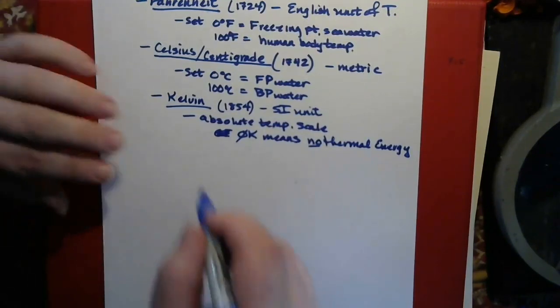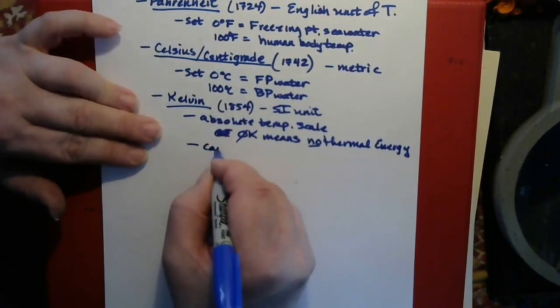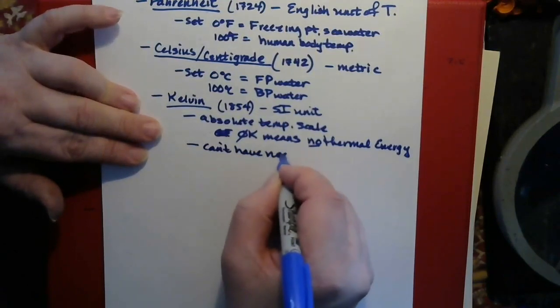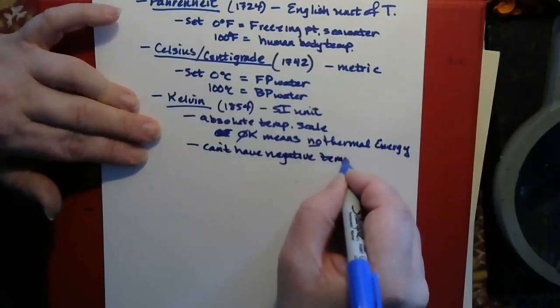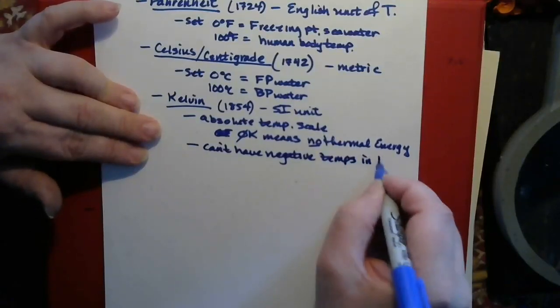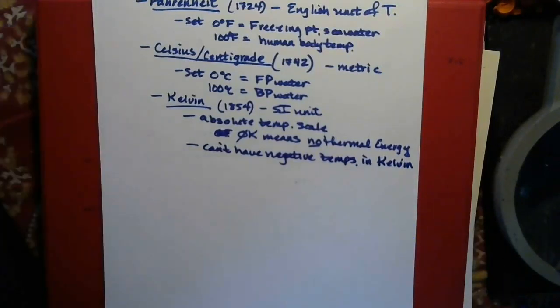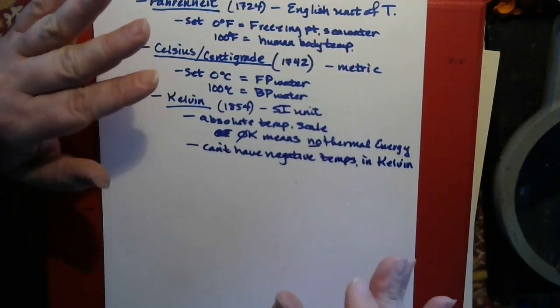And you can never go below 0 on the Kelvin scale. Zero is the lowest you can go. 0 means nothing, and you can't go any lower than that.